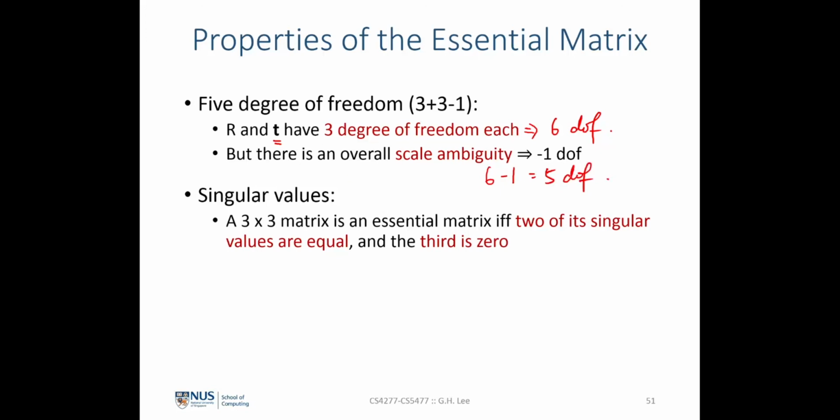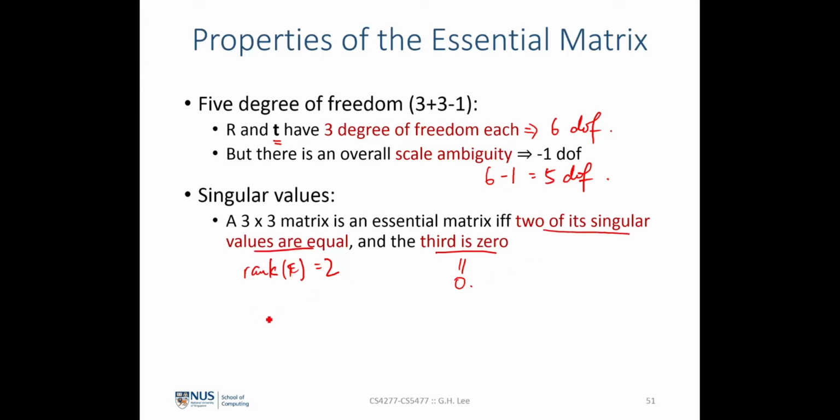And the essential matrix is rank 2, which means that the third singular value of the essential matrix is going to be equal to 0. In comparison to the fundamental matrix, which is also a rank 2 matrix with the third singular value equal to 0, the essential matrix has an additional constraint where the first 2 singular values must be equal.